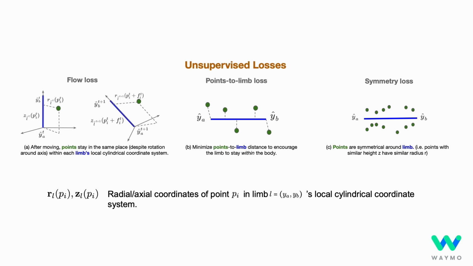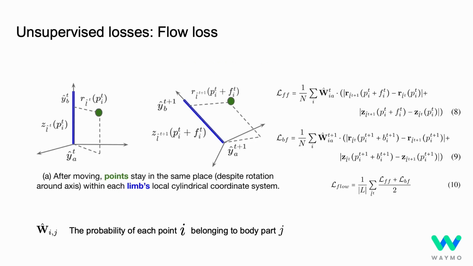All three proposed losses are defined in terms of surface points in each predicted limb's local cylindrical coordinate system. Therefore, we first convert all input lidar points to each limb's local coordinate system and compute radial and axial coordinates. First, we assume that points on the limb move with the limb and should stay roughly at the same location in each limb's local coordinate system.